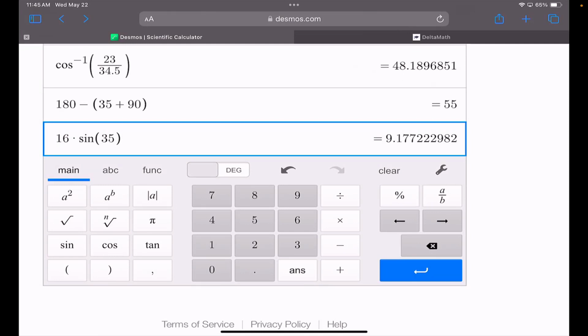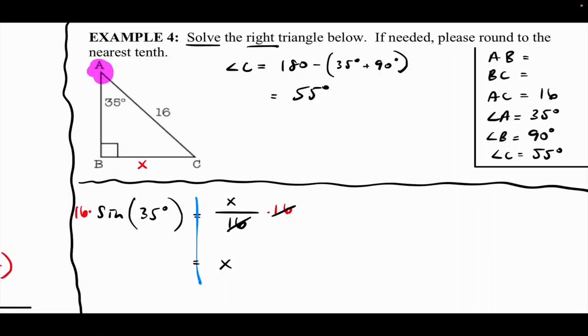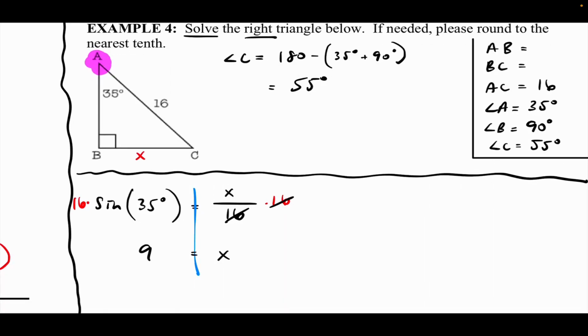Tenth would be 2, so 9.2. So that's BC. BC 9.2.